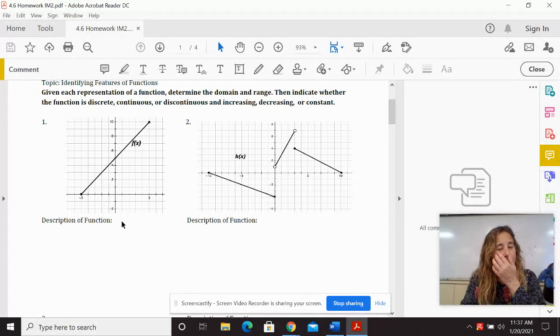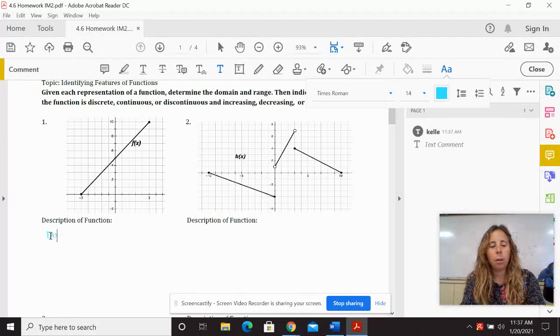So they're all functions. They tell you that each representation is a function. We'll do domain and range first. Domain is all about your x values. So you're looking from left to right.